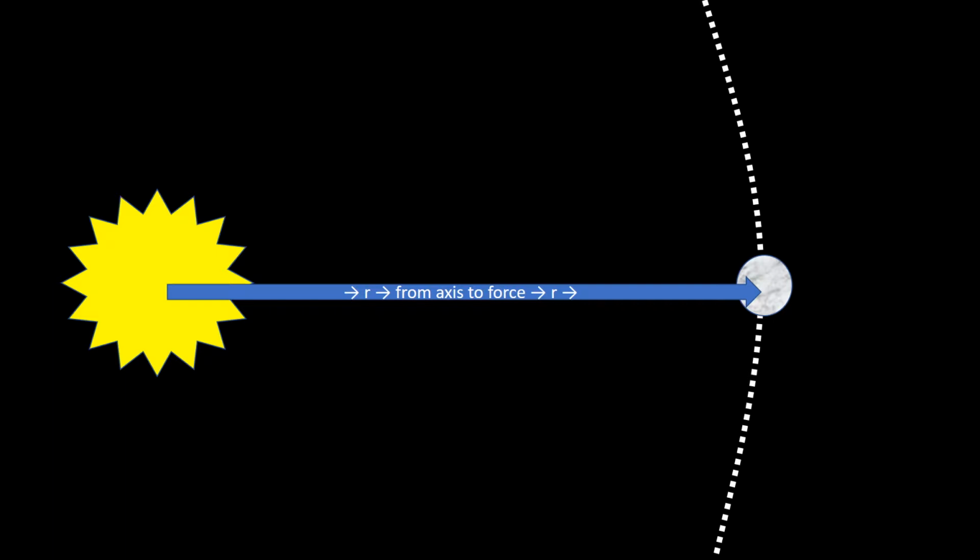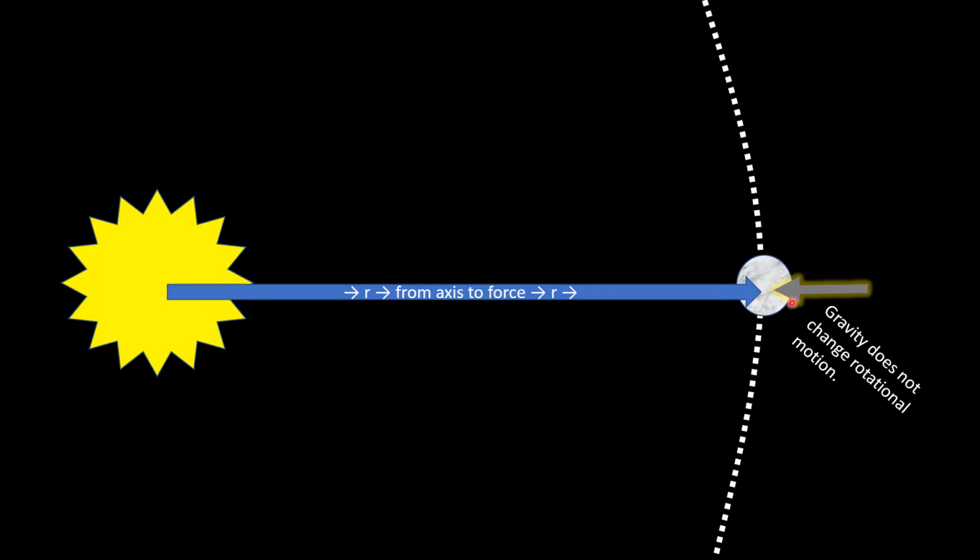Let's take this away, and what does gravity do? Gravity is pointing straight towards the sun. So this is pushing and pulling, but gravity is not going to change the rotational motion because it's not perpendicular to what it's rotating around. It's in the same radial direction.